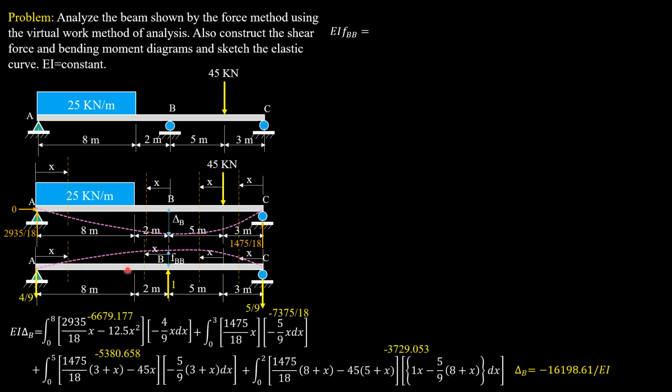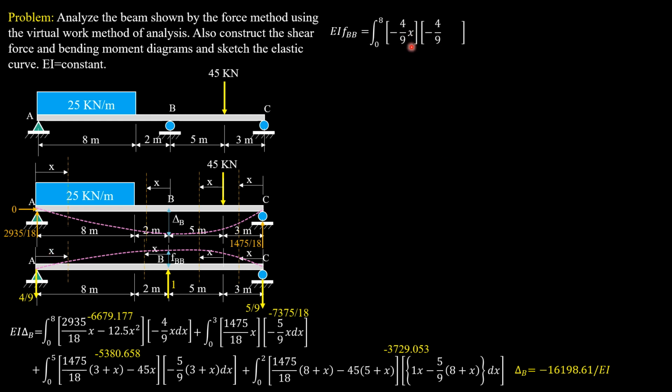Integral from 0 to 8 of negative 4 over 9 times x. That's for big M. Then for small m, the same: negative 4 over 9 x times negative 4 over 9 x dx, 0 to 8.